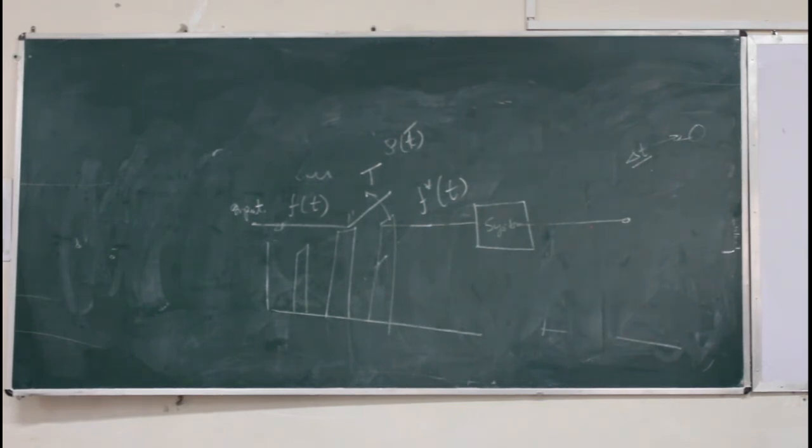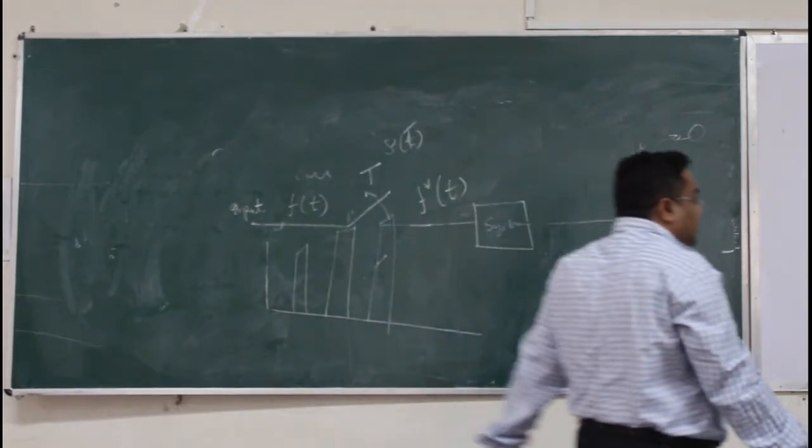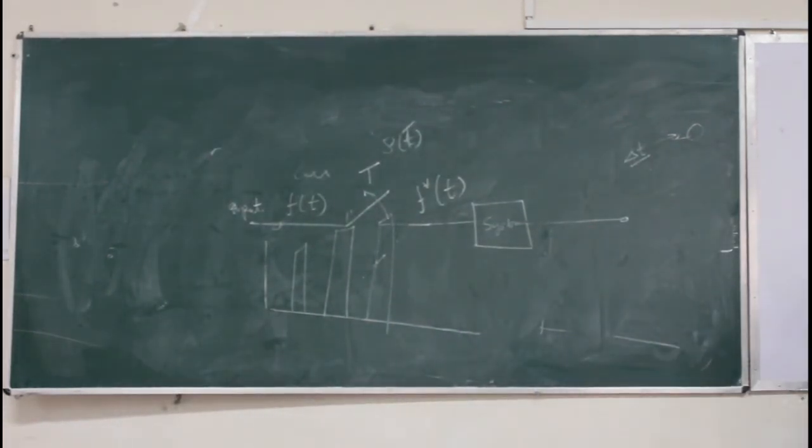Okay. Now next. You also know how an impulse is mathematically represented. It is represented by delta(t), and delta(t) is equal to magnitude 1 for t equal to 0, and for any other t it is always 0.